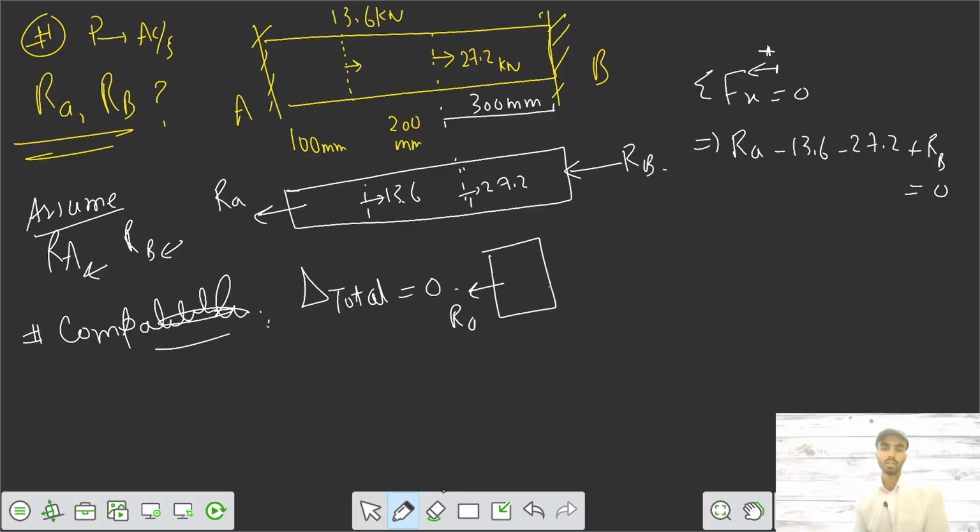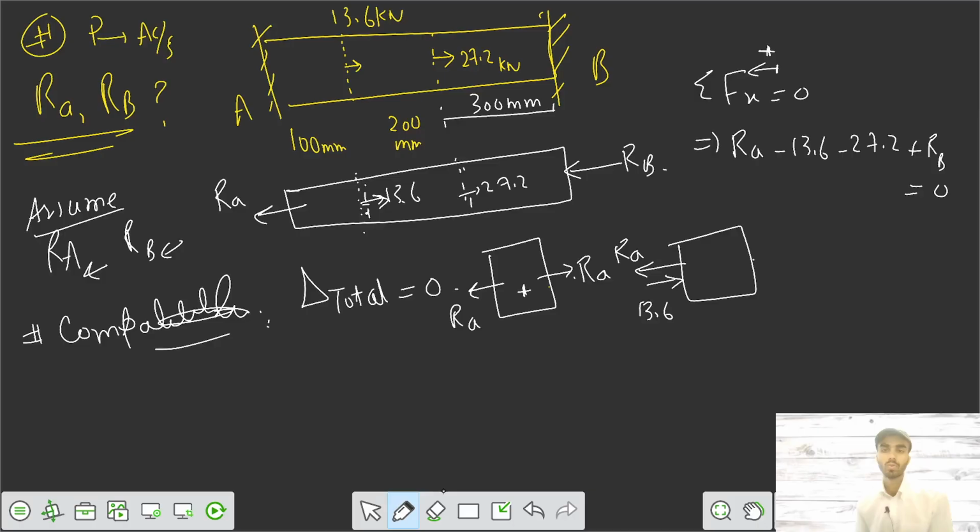Let's say here the reaction is RA. इसमें पहले थोड़ा सा काटेंगे dx from this point, so the 13.6 will not come in. So we will say this one is your RA. It's getting elongated. Then the next one: if here is RA, then in this one RA will be opposite, and there is one more force, 13.6, in this direction.